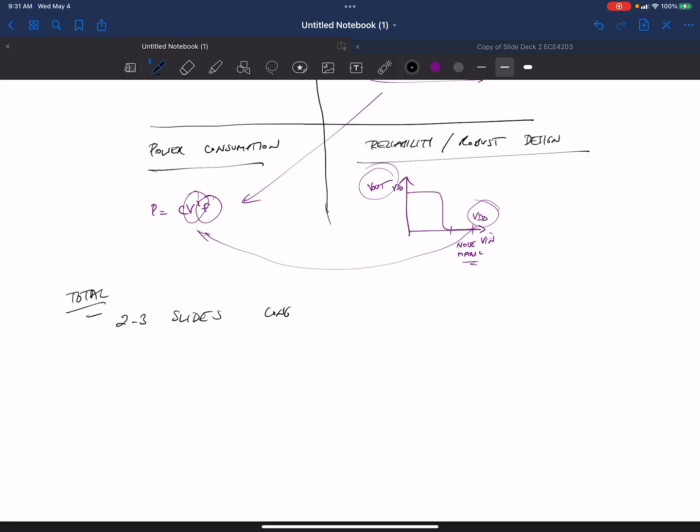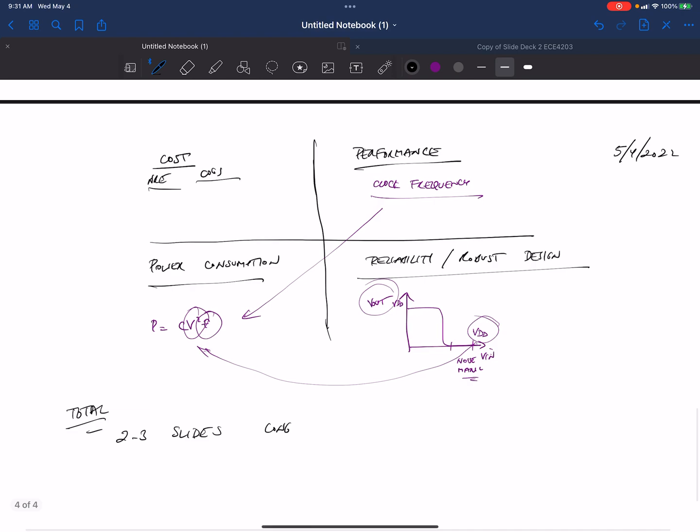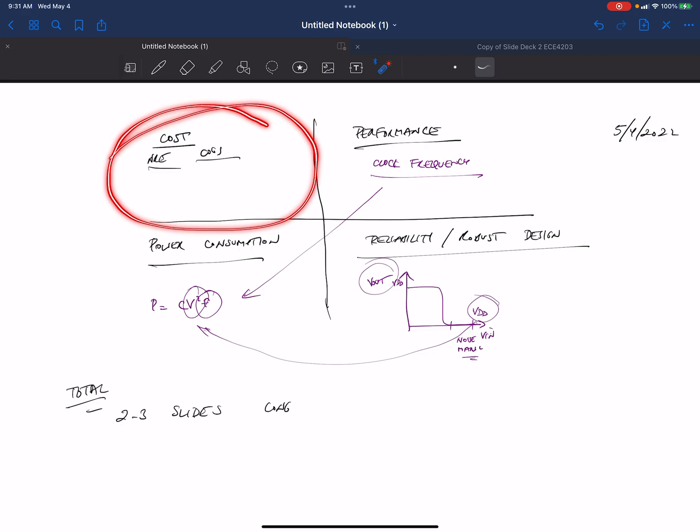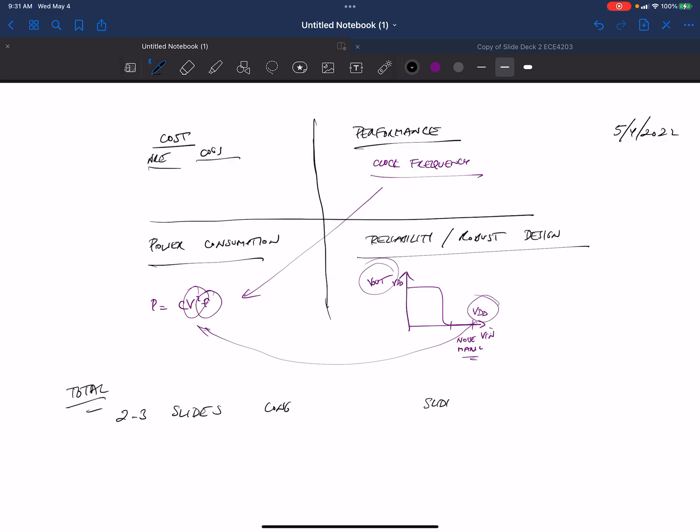And the idea is that you would have some idea on the cost calculations. That would be one of your slides. So slide 1 would be the cost calculations. And you would bring that, slide 1, to either our May 7th or May 13th meetings.